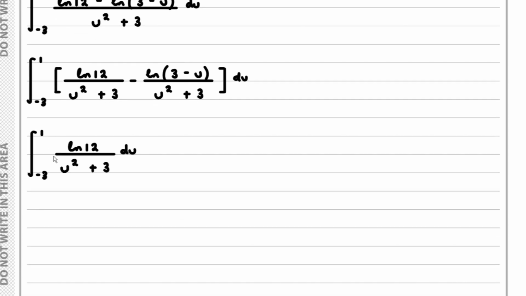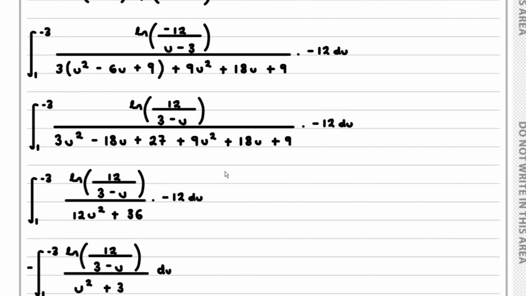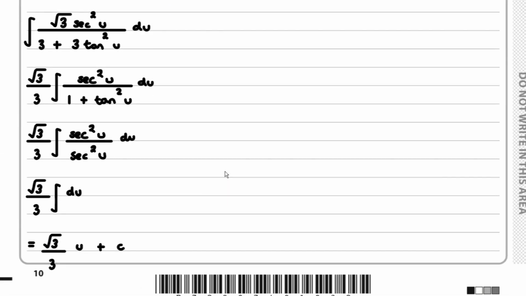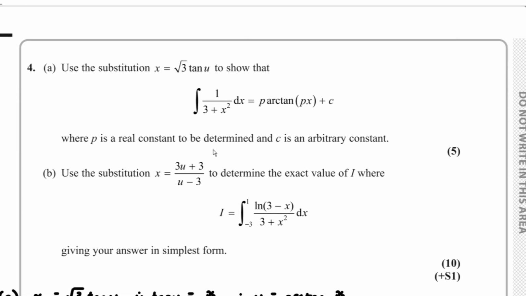So I've got the integral of the natural log of 12 over u squared plus 3 du, subtract the integral of the natural log of 3 minus u over u squared plus 3 du. And what you will find, if we go back to the question, is that this is exactly what we have here, but instead of an x we've got a u.